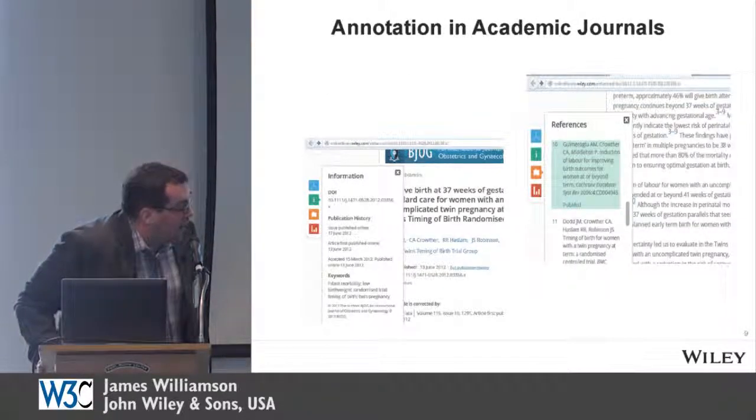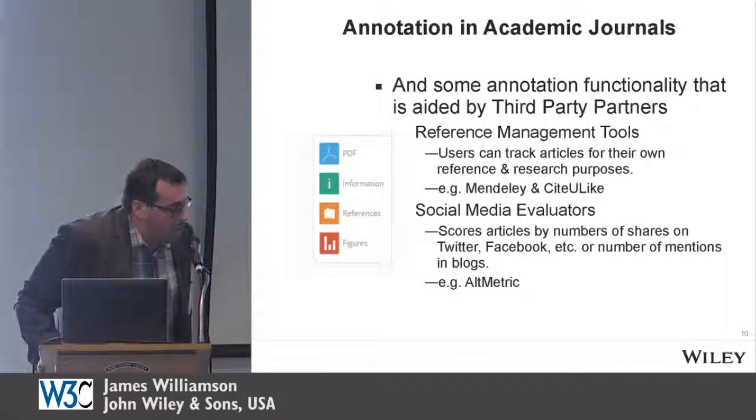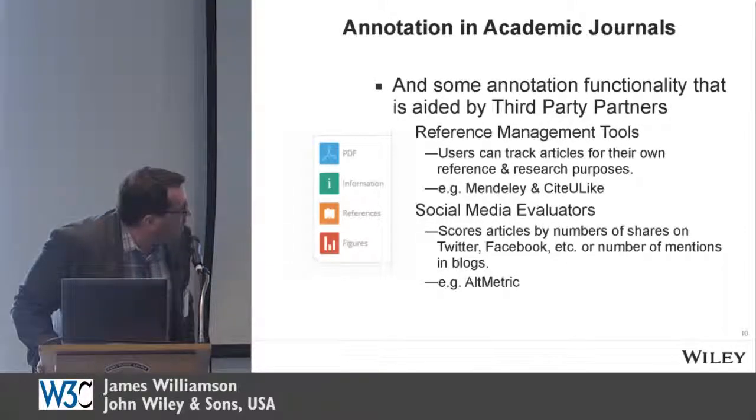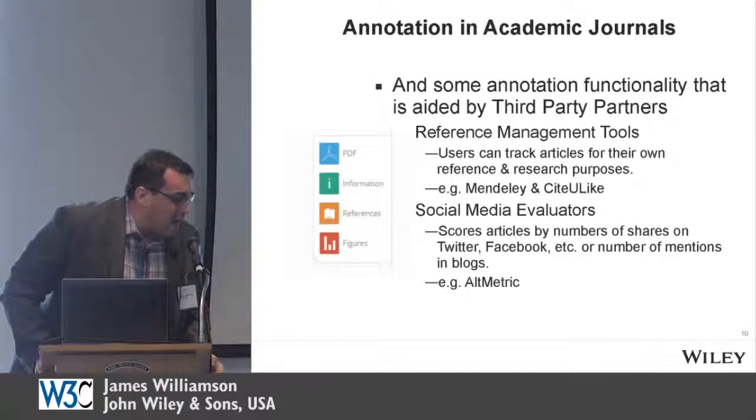This is an example of some of our reading experience. You can see the footnotes there and how they connect directly to the footnote that you're referring to. Publication history as well shows you some information about the authors and the dates of how the publication progressed. We also have some third-party areas within our Wiley Online Library.